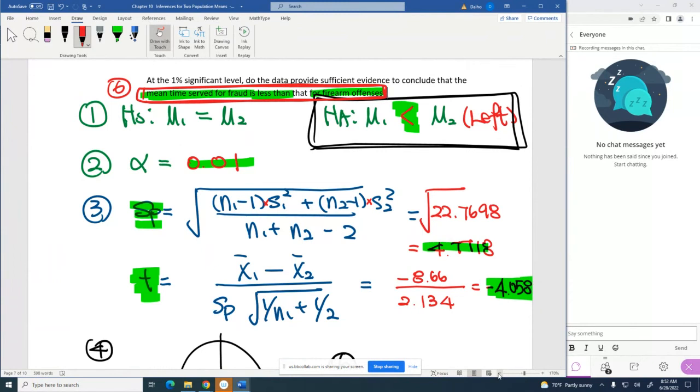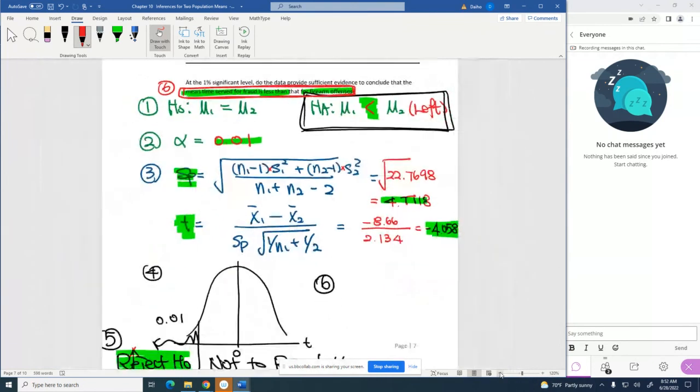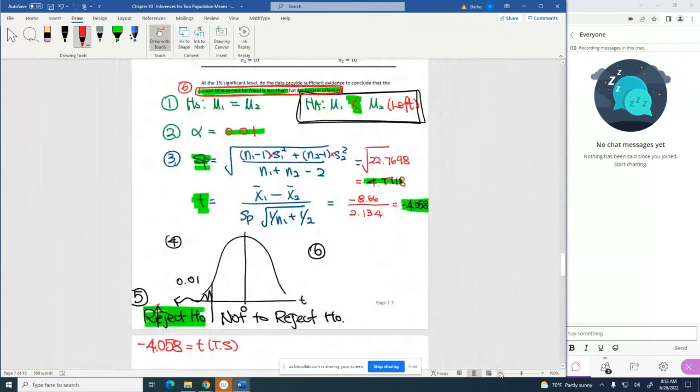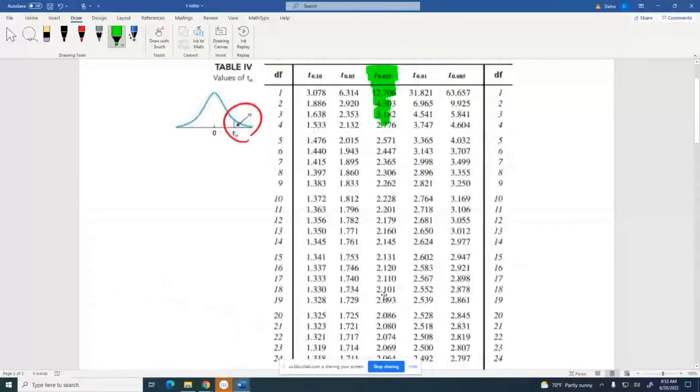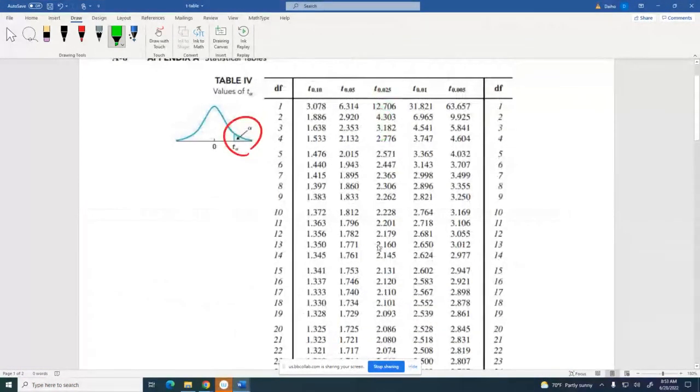Any question? What did you get on the 4-step? What was our score? Oh, I'm so sorry, I didn't get the T-score. Because the test statistic was too small, I skipped it. So let me go to the T-table right here. And how much is the left tail probability?